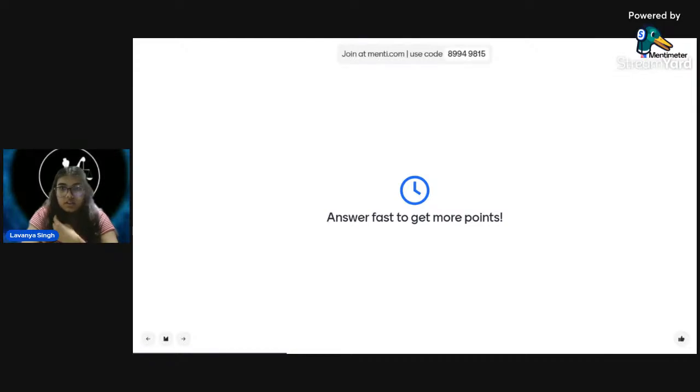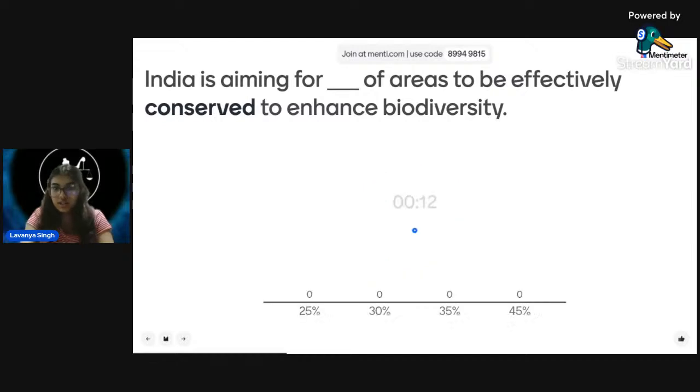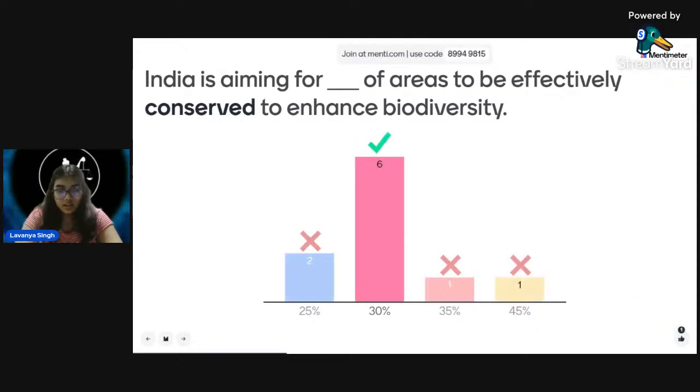The question is India is aiming for dash of areas to be effectively conserved to enhance biodiversity. Options are 25% area, 30% area, 35% area, or 45% area. And the correct answer is option B, 30% of area.